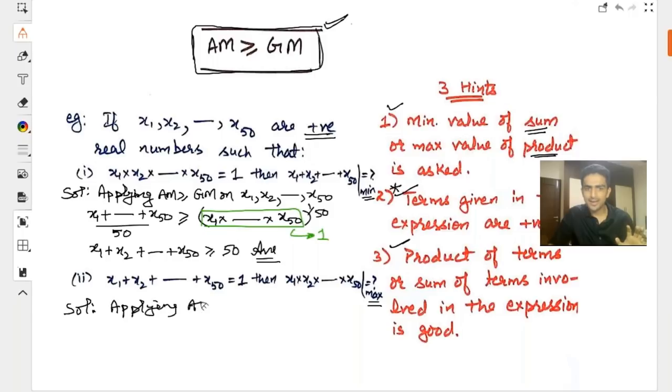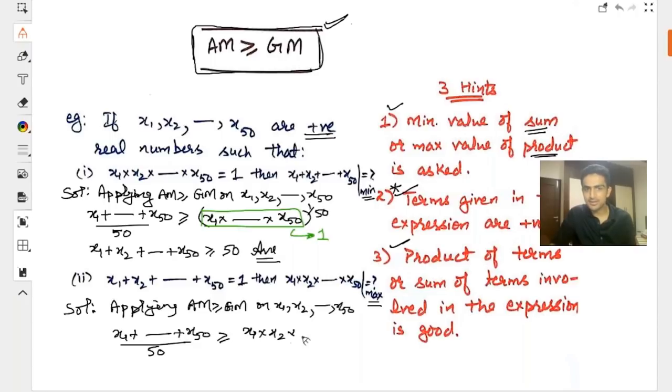Applying AM greater than equal to GM on X1, X2, so on to X50. What do we get? This sum divided by 50. This is the AM of these numbers. It must be greater than equal to GM, which is this.